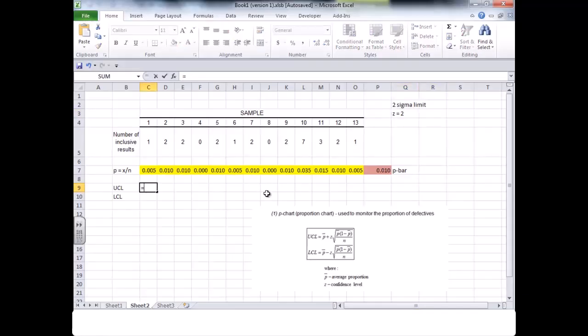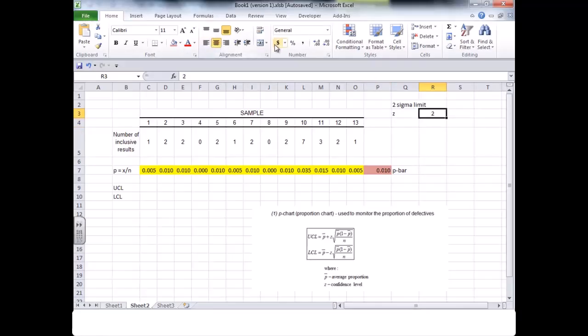Okay, now we convert this formula into the Excel formula. It says P bar. P bar is this. Make that into an absolute address. Plus the sigma. Let me go back and say this is Z, and I'll put here 2.